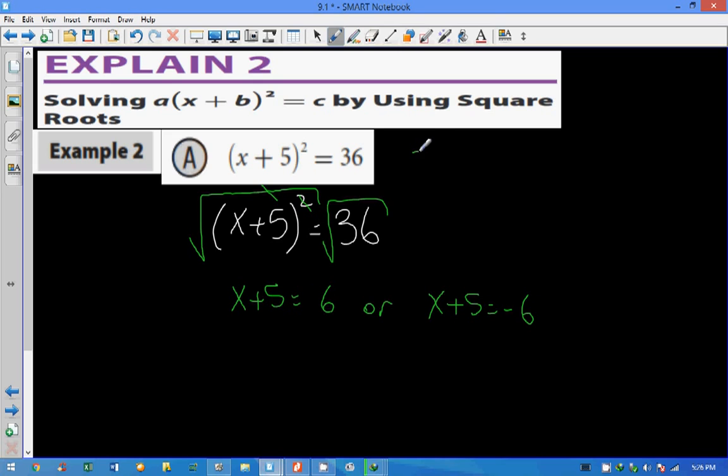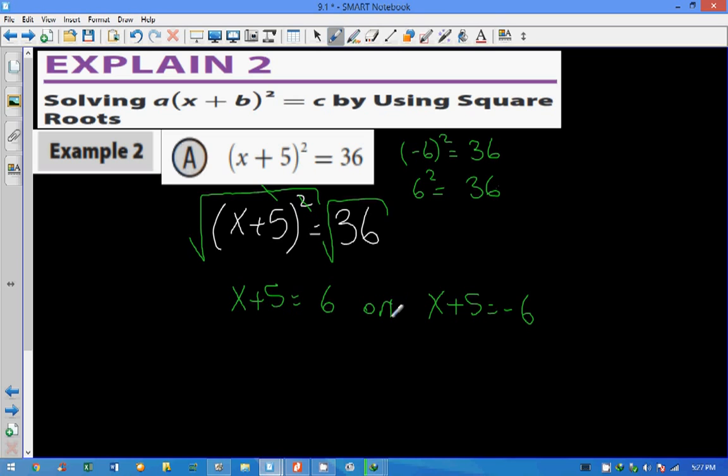The reason is negative 6 to the power of 2 is 36, and positive 6 to the power of 2 is 36. That's why x plus 5 equals 6 or negative 6.